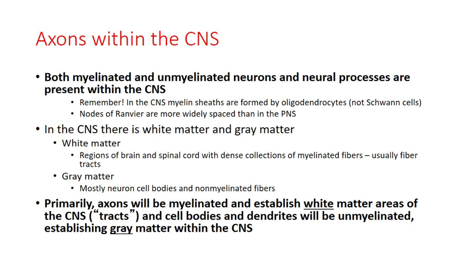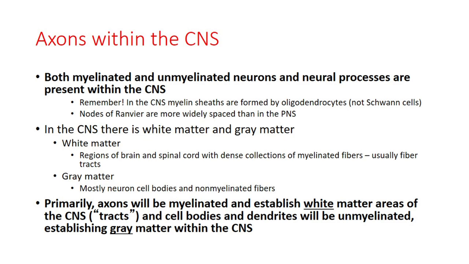So keep in mind when we talk about neurons, we can talk about multiple areas and how they functionally work to carry out the processing that a neuron is capable of. And when it comes to axons, we're looking at both myelinated and unmyelinated neurons being able to communicate information cell to cell. Both are present within the central nervous system. But keep in mind that when you have myelin, conduction of action potentials is much faster.